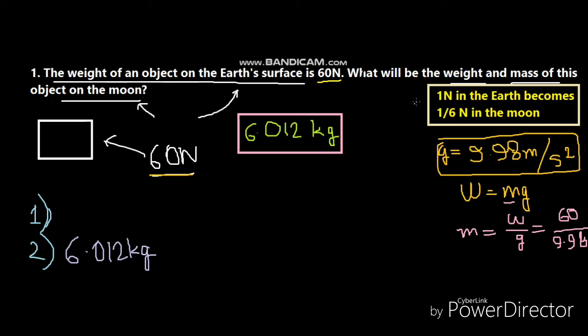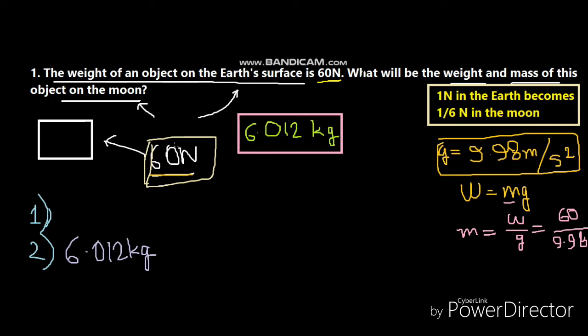So this is a very interesting fact, and using this fact we can easily find out the weight of this object on the moon. How? Because we know that the weight of this object is 60 Newton, and we also know that on the earth's surface, if some object's weight is 1 Newton, then on the moon's surface that will be 1 by 6 Newton.